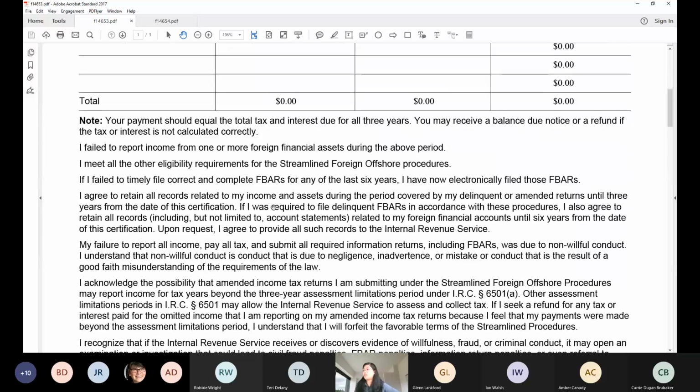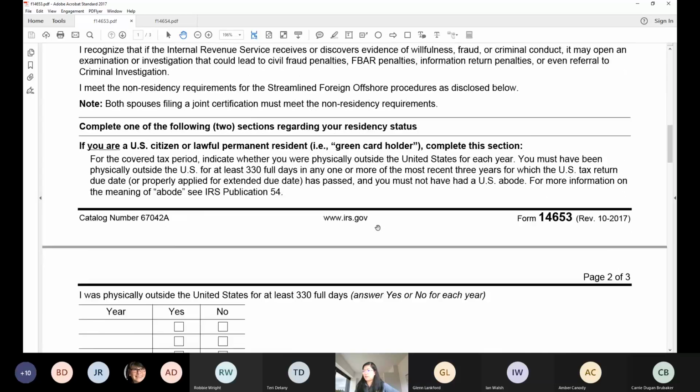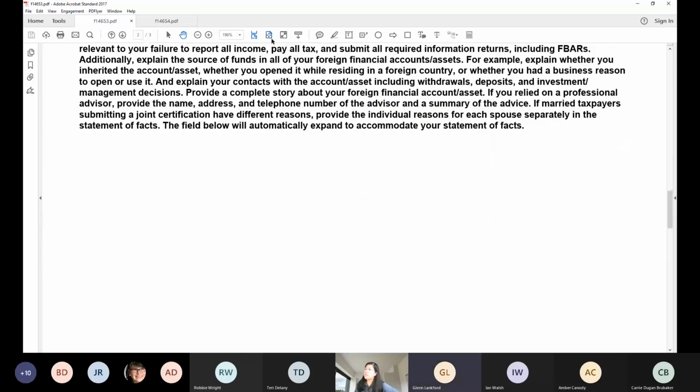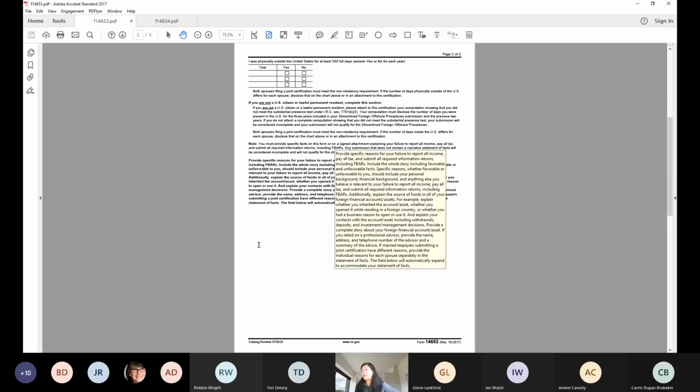So going back to the form, I wanted to show you that you make all these statements to the IRS saying, I failed to report, I'm eligible, I failed to file my FBAR, but then at the bottom here, you actually have to provide a reason why that happened.